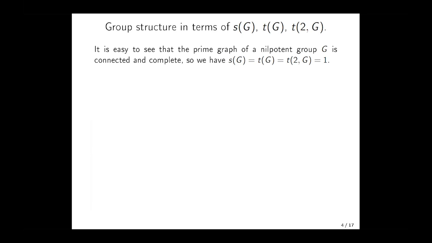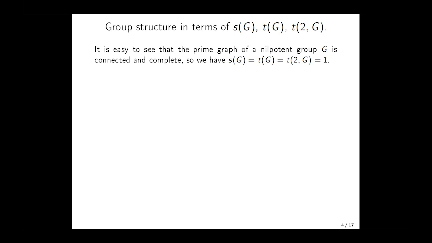It follows that the prime graph of a nilpotent group is connected and complete. So all these parameters are equal to 1. So we can't really tell much about a group from its graph if we are given a nilpotent group. It could be various, as this group could have various structure.